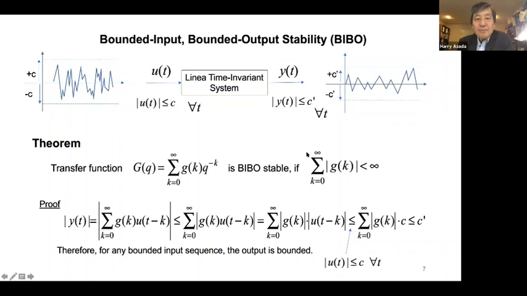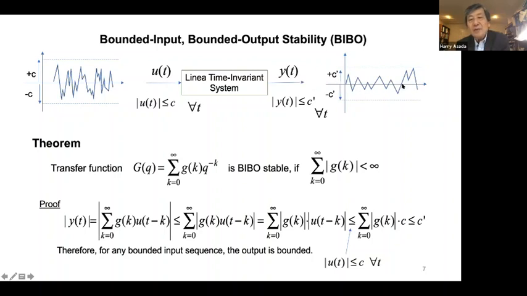Another concept that we need to use is the following: bounded input, bounded output stability. This is one of the most primitive and widely used stability concepts, in particular in signal processing. You have a linear time invariant system, and you consider the input sequence, and the input is bounded in amplitude, let's say between plus C and minus C. Then you look at the output.